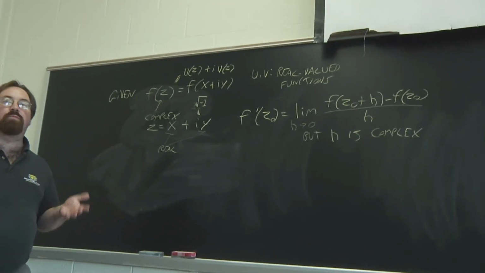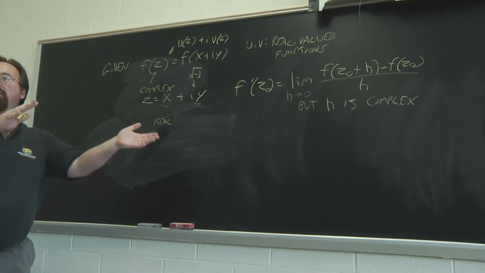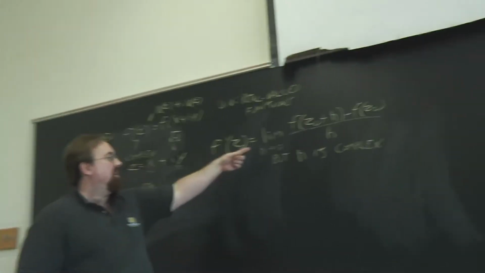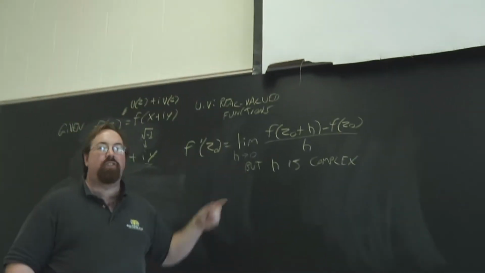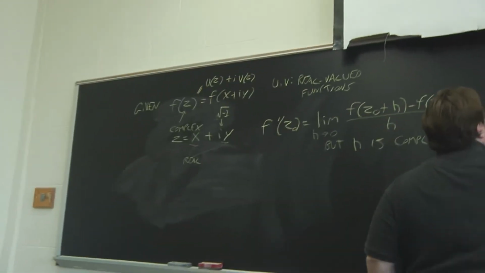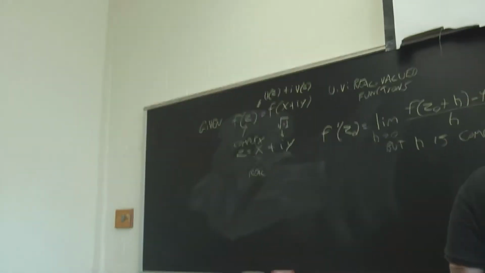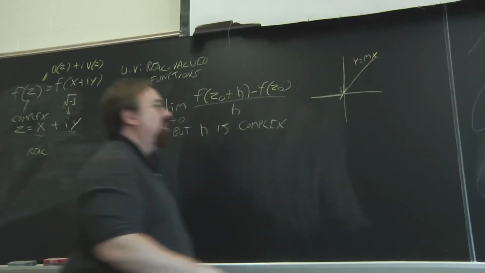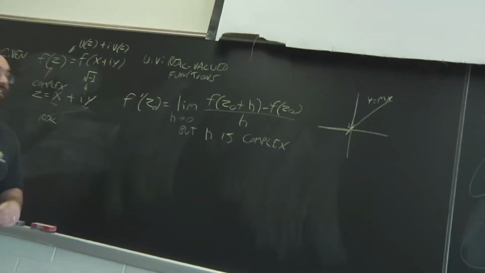So it's kind of like those problems we were looking at the very beginning of the semester, where you had functions of x and y, and you had to see, does the limit have the same value as you go to 0 along any path? So what you did before, you looked at paths like y equals mx, things of that nature, to see if the limit did not exist.